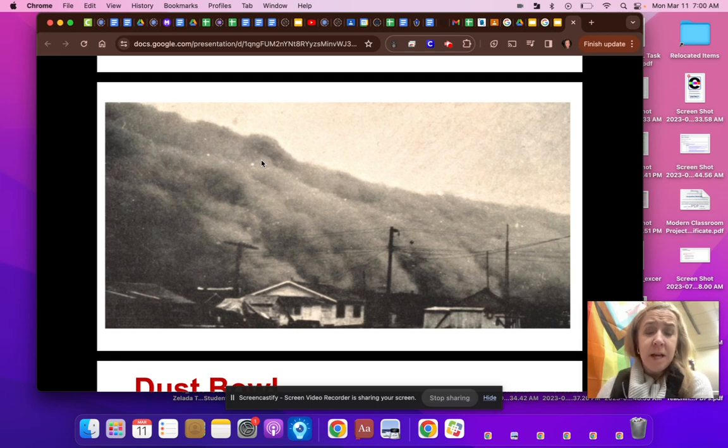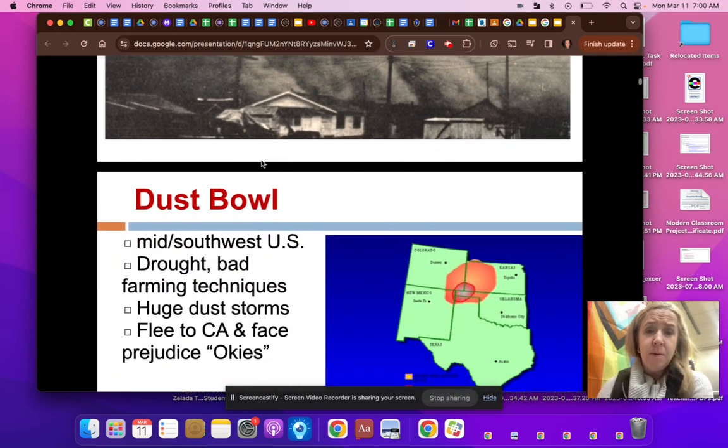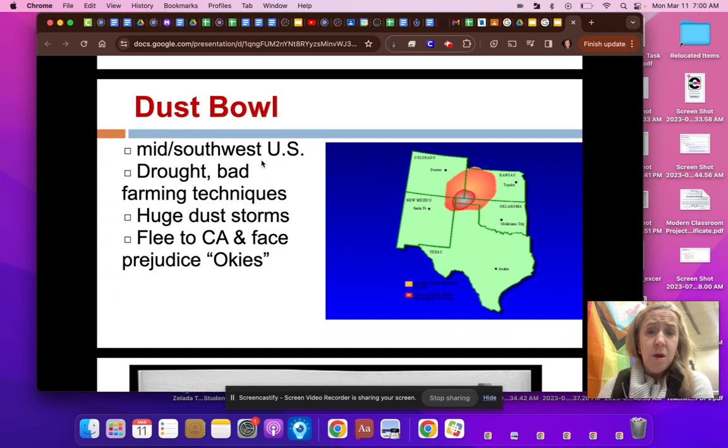So, at the same time that all of these people are losing their property and losing their land, we have the Dust Bowl. The Dust Bowl happens significantly in the middle of the United States as well as the Southwest. You had massive droughts, which is a lack of rain, and bad farming techniques, which kicked up huge dust storms where you would have dust going across the prairie land.